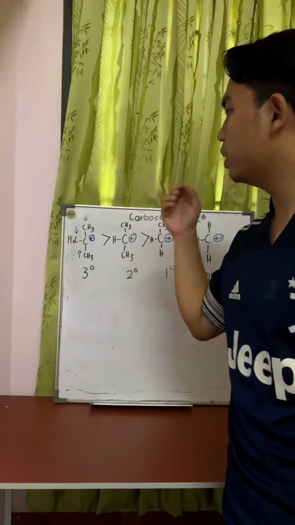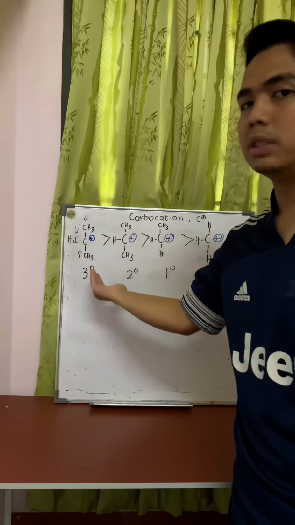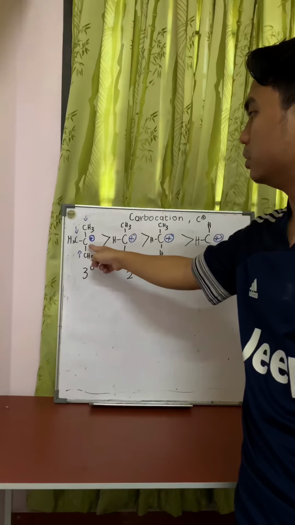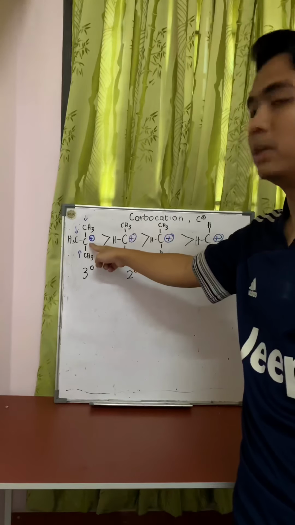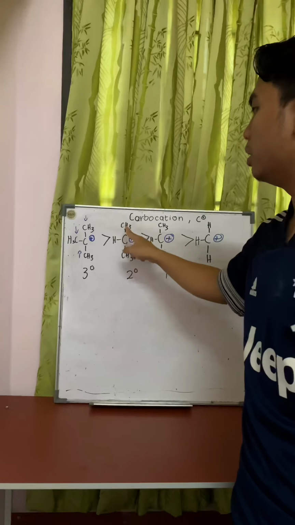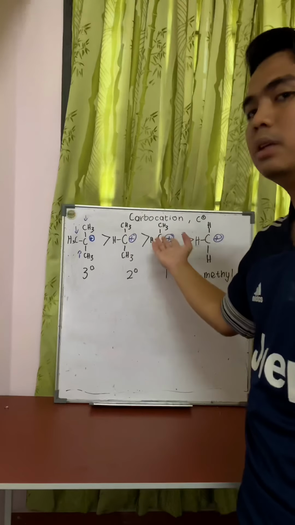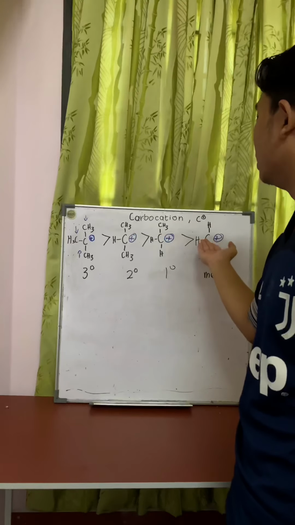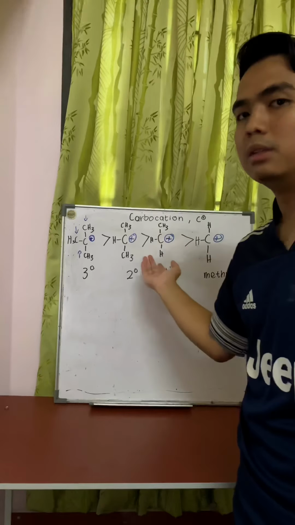The main reason is that tertiary carbocation has 3 carbons attached at the carbocation. Secondary has only 2 and primary has only 1. So this is the reason why methyl is the least stable carbocation.